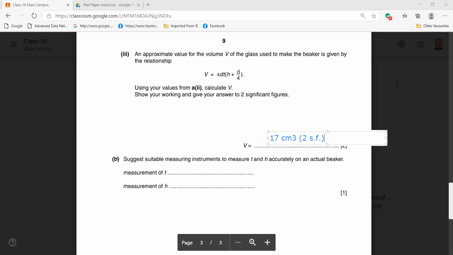And thickness, either vernier calipers or micrometer. Both we are accepting. If someone is writing vernier calipers, that is also correct. Micrometer, we are accepting that one also. Okay, update. So done, right? Yes, sir. This one is done.